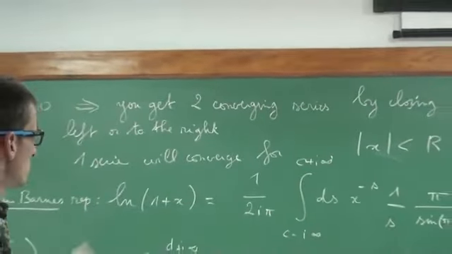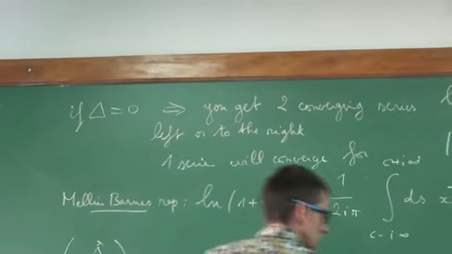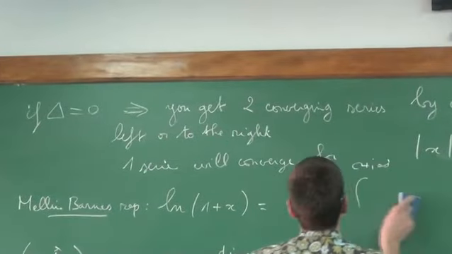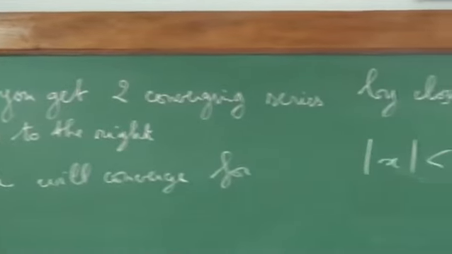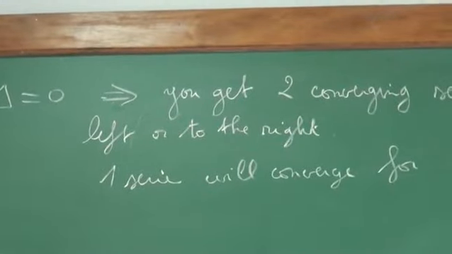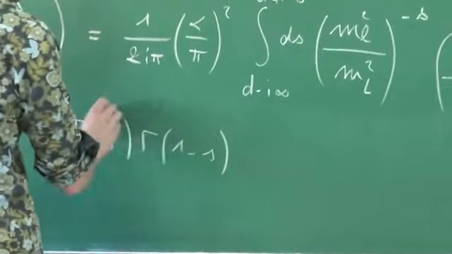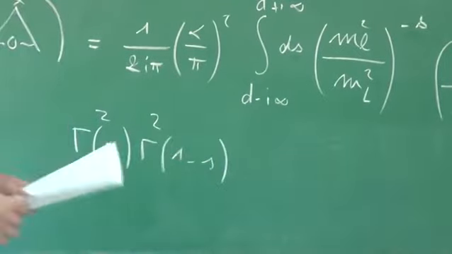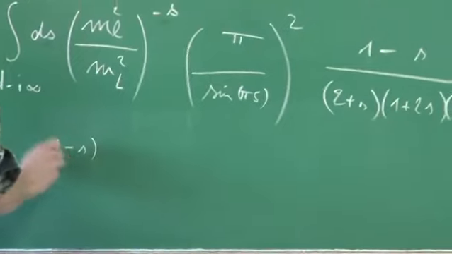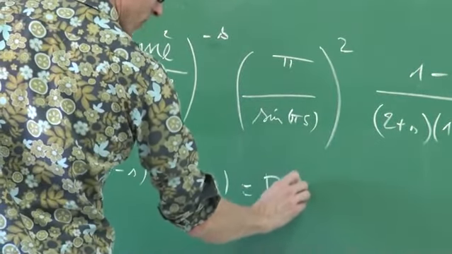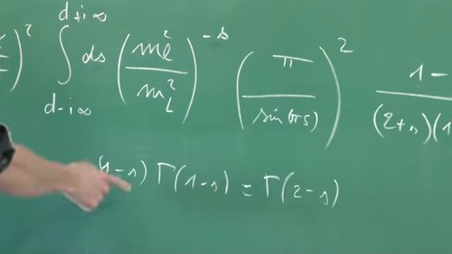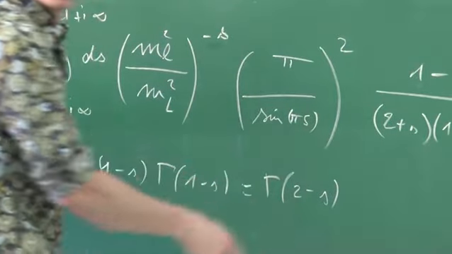Okay, now what is our situation here? This may be written as gamma s, gamma 1 minus s squared. This 1 minus s times gamma of 1 minus s equals gamma of 2 minus s. Therefore, I can replace this by the ratio of both.